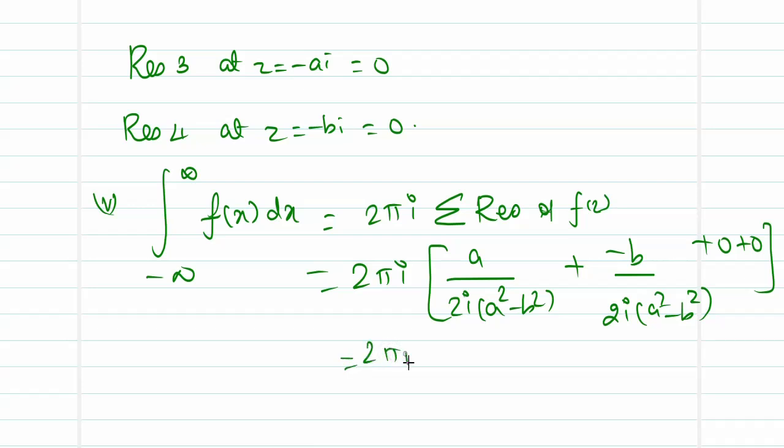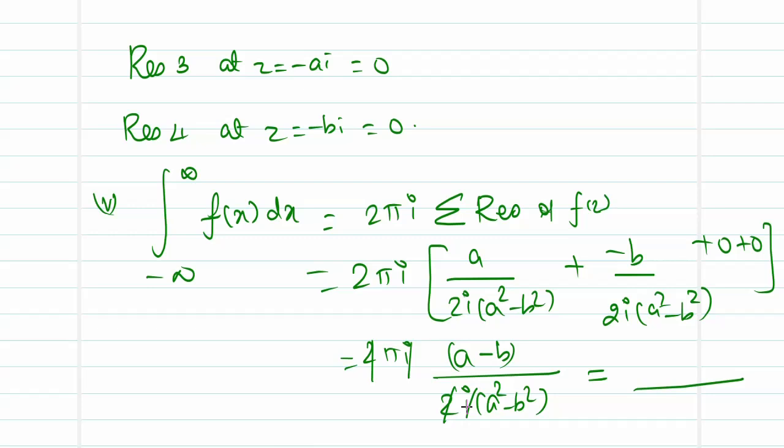So 2 pi i, let me club the denominator since they are the same. So 2i (a square minus b square). So I have in the numerator a minus b. 2i and 2i can be cancelled off. This a square minus b square in the denominator can be rewritten as (a plus b) into (a minus b).